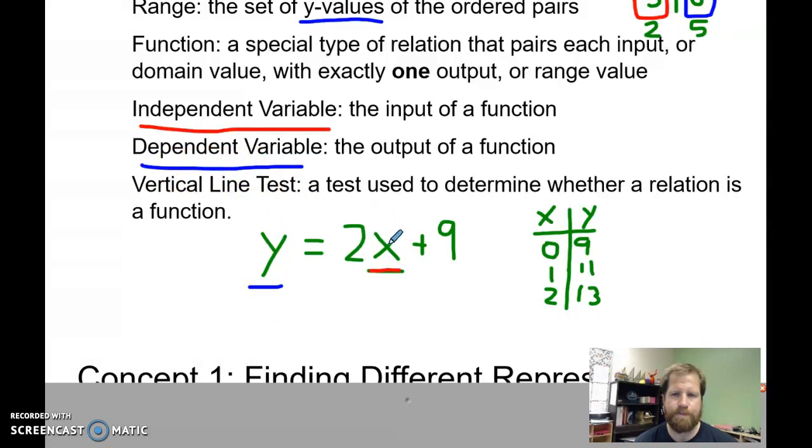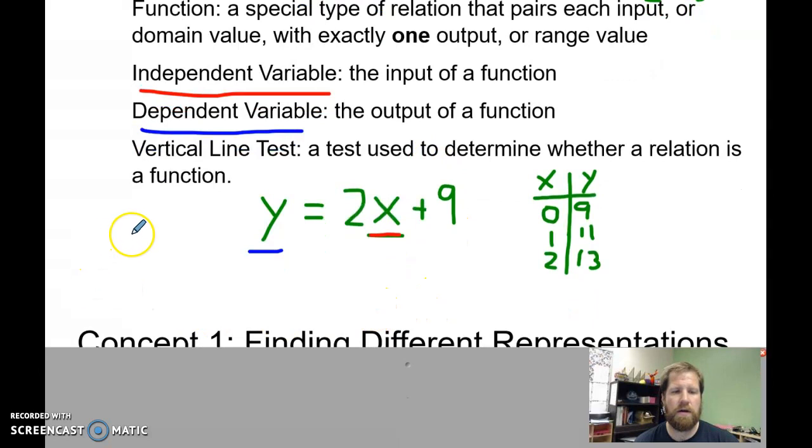Okay? And then the last piece of vocabulary we have is something called the vertical line test. And this is a test that helps us figure out if a relationship is a function. So if we have our coordinate plane and our line looks like that, a straight line, okay, we can go through, and what we're looking for is if there's any x value where there's going to be more than one y value.